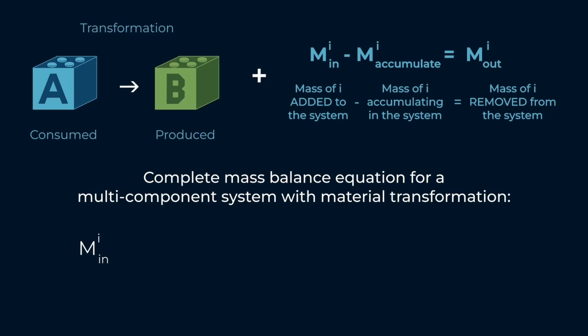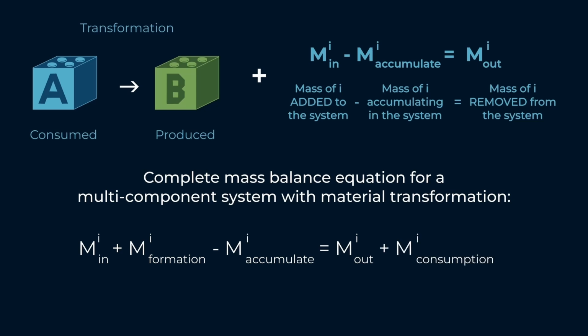Mass of component entering the system plus mass of component being formed in the system minus the mass of component accumulating in the system is equal to the mass of component leaving the system plus the mass of component being consumed in the system. If we take the time derivative of this equation, we get the relationship between mass flow rates.